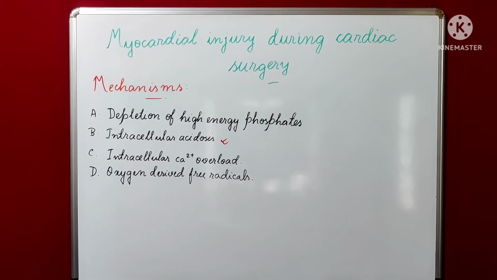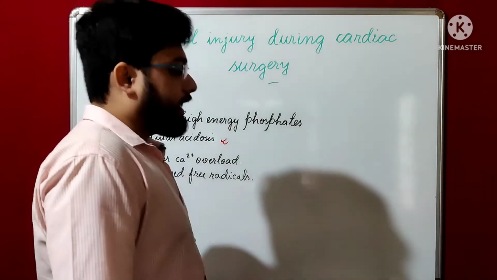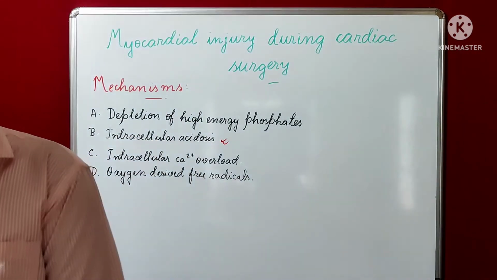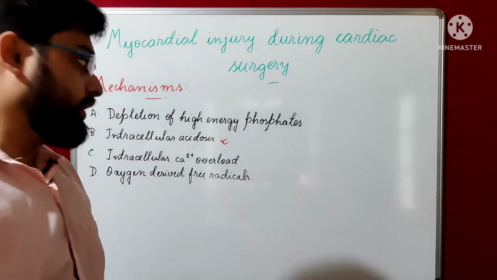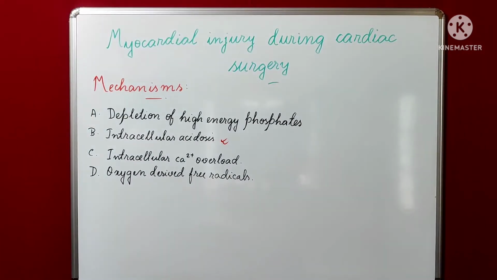Next mechanism is oxygen derived free radicals. These are highly unstable compounds and cause injury to cellular proteins and cell membranes. They also damage nucleic acids, phospholipids and other cellular components.